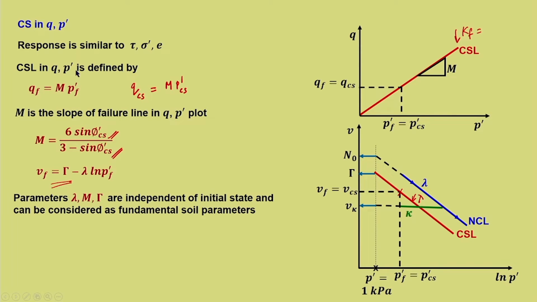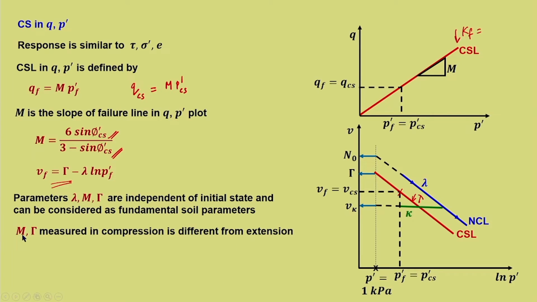Similarly, in q-V-p dash space you can write lambda, M and gamma; these are the fundamental parameters of soil and can be considered in the critical state framework. M and gamma, that is the slope M and gamma measured in compression, are different from extension, which we have already seen. The slope of the Kf line in extension is different for the q-p dash plot.